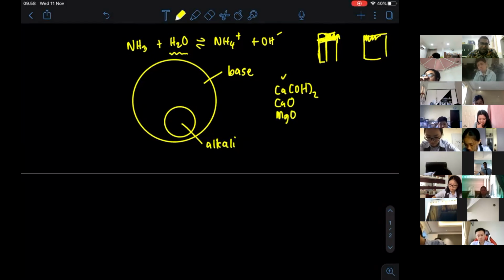Other examples are the amphoteric oxides. I hope you remember what amphoteric oxides are. For example, Al2O3 can react with both acid and base to give you products, but they themselves don't dissolve in water.